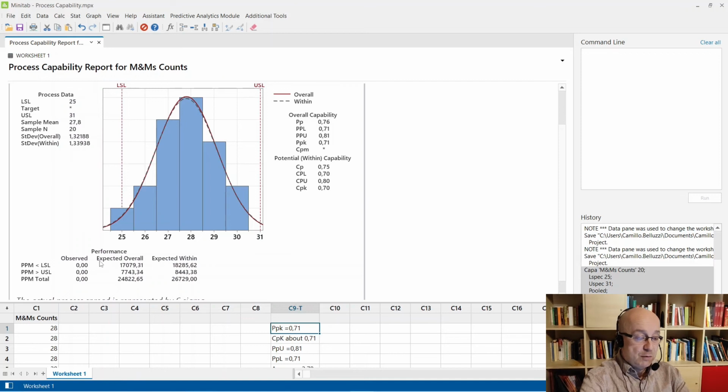But the expected overall performance is what we are interested in. So what will happen in the future? What will happen on huge numbers? What will happen when jumping into mass production?